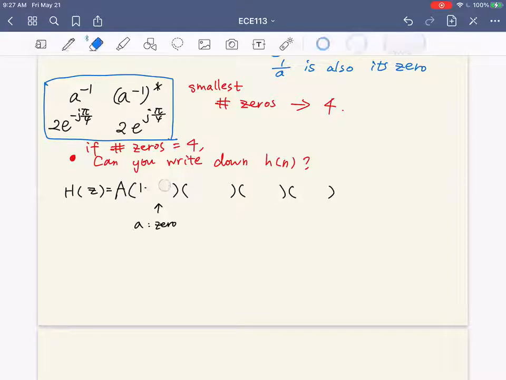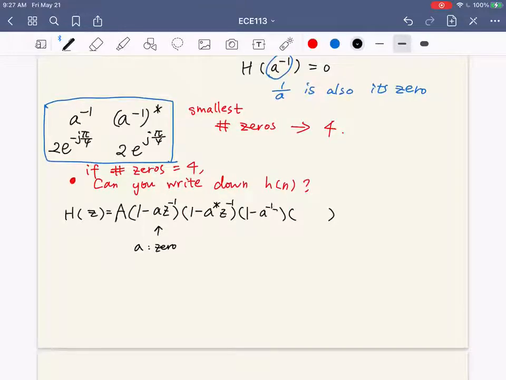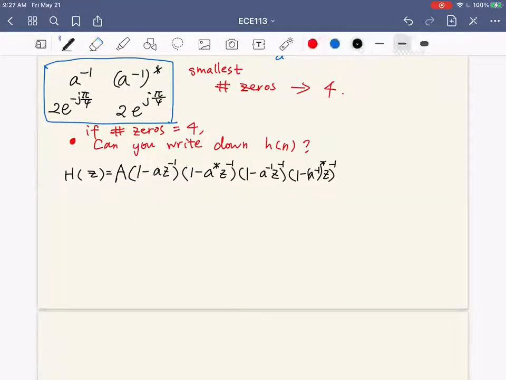Okay. And it is also more common to read like this. It becomes familiar, right? And continuously we can write out the others: A to the minus 1, B to the minus 1, and A to the minus 1 star, B to the minus 1 star. Okay. So here we get the expression of H of D.